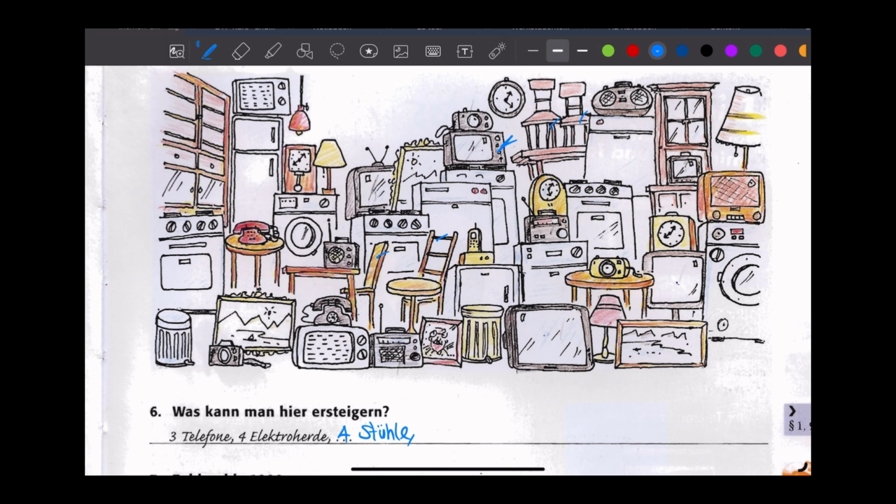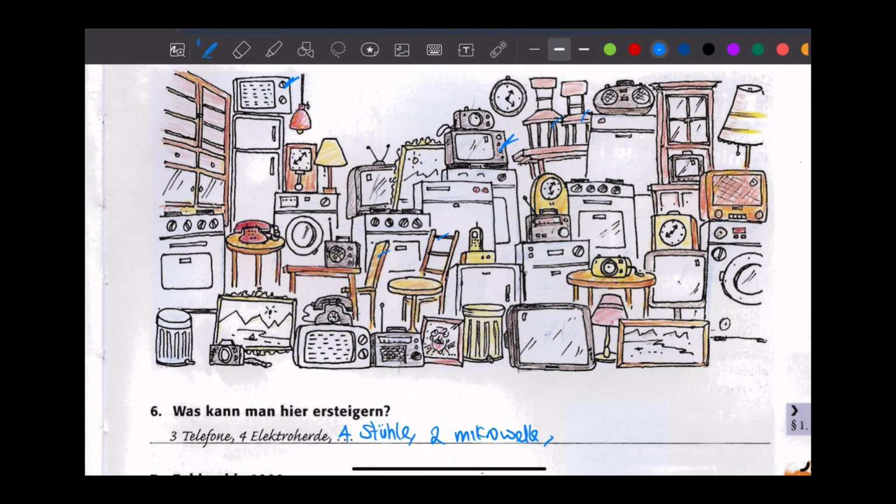So let's say any other one. Okay, this should be again. So let's say zwei microwave. We can find Abfalleimer here. We can find another here too. We can find telephone. Oh, it's done. We have radio. We can also find Waschmaschine. We have one here. Just one. Or we have two.